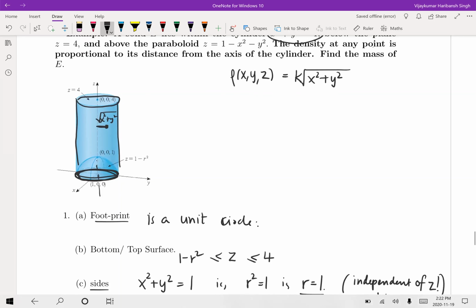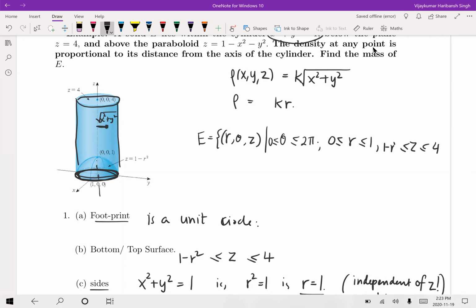Now I can write my density function rho as k times r. And what if I have to write my solid E in cylindrical coordinates? Note that E will then look like r theta z, where theta goes from 0 to 2 pi, r goes from 0 to 1, and z goes from 1 minus r squared to 4.